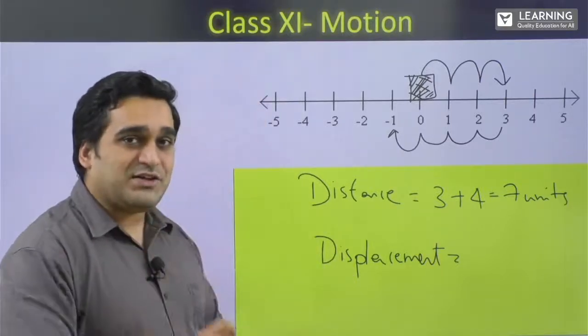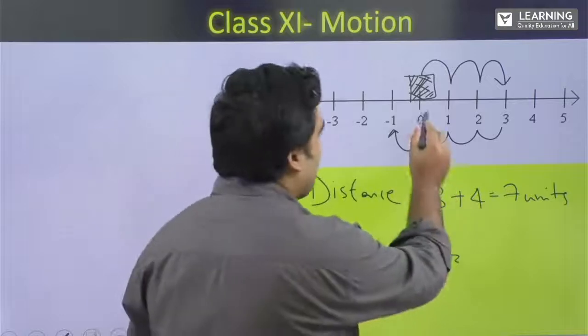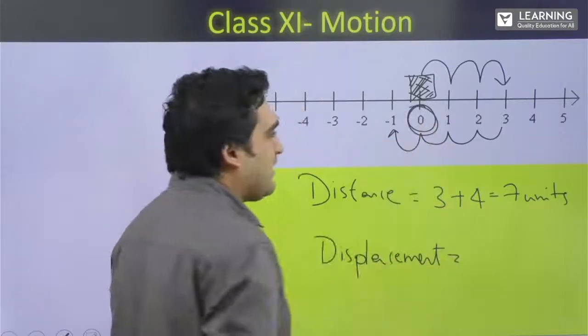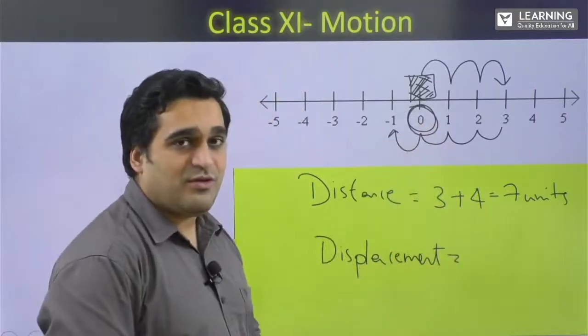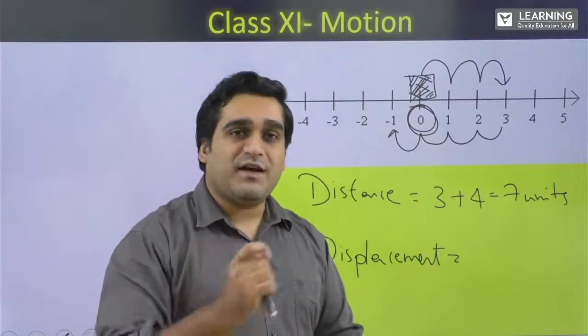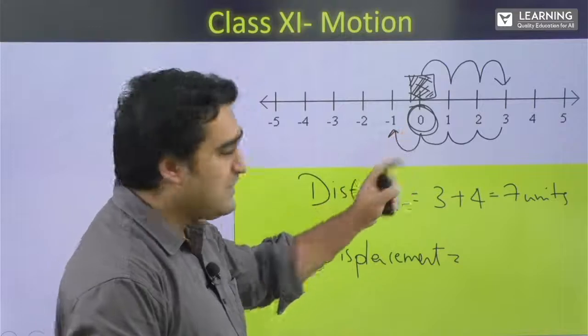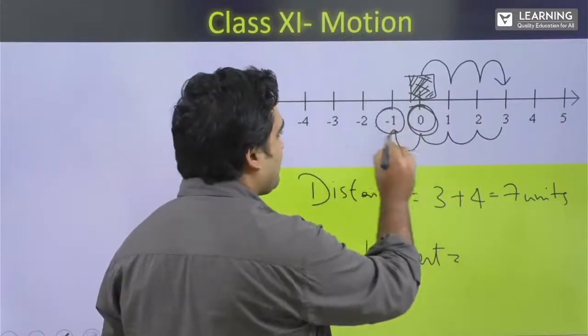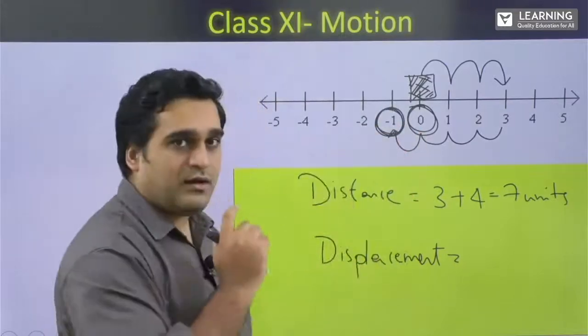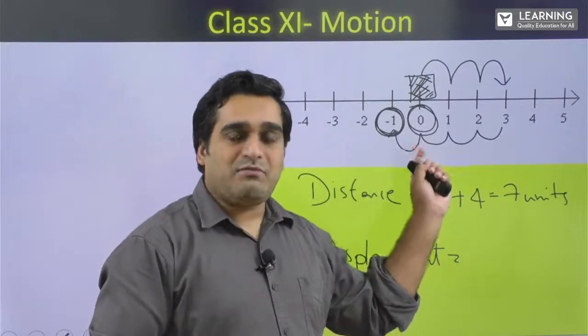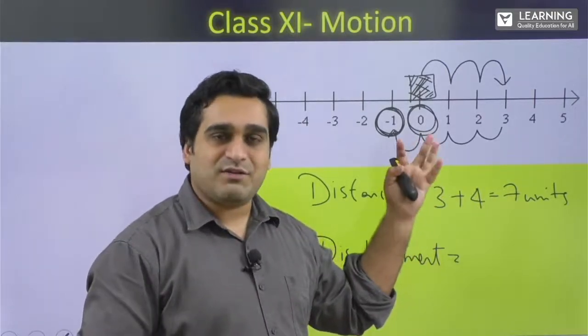Which is the initial point? 0. It is starting from 0. And which one is the final point? Have a look at it. The final point where it lands is -1. How is that even possible?